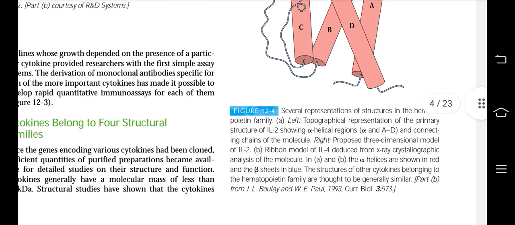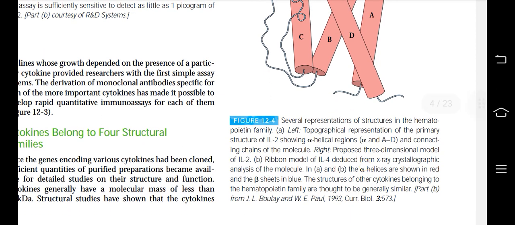Several representations of structures in the hematopoietin family. Topographical representation of the primary structure of IL-2 showing alpha helical regions, A to D, and interconnecting chains of the molecule. Proposed three-dimensional model of IL-2, ribbon model of IL-4, redrawn from X-ray crystallographic analysis of the molecule.